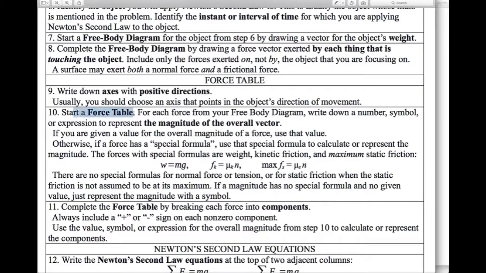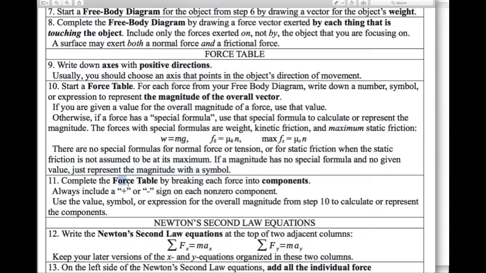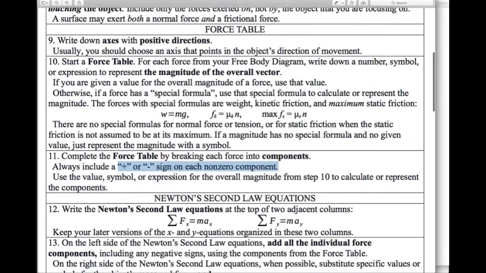We completed this step. We represented the magnitudes of the overall vectors. And for the frictional force and for the weight force, we used special formulas to represent the magnitudes. And for the normal force, we just represented the magnitude with a symbol. Then we broke the forces into components, including a plus or minus in front of each non-zero component.